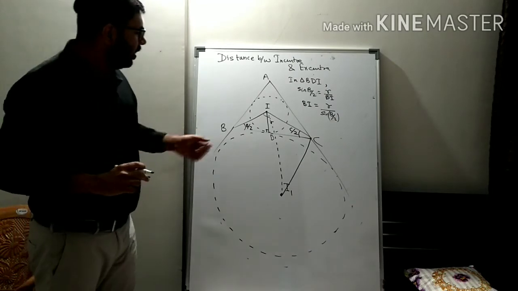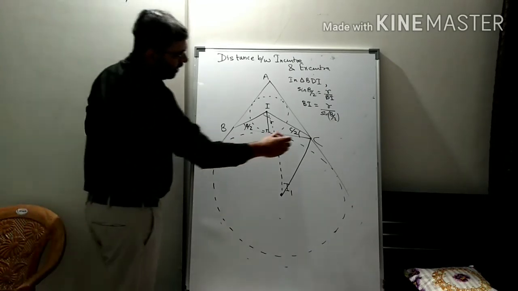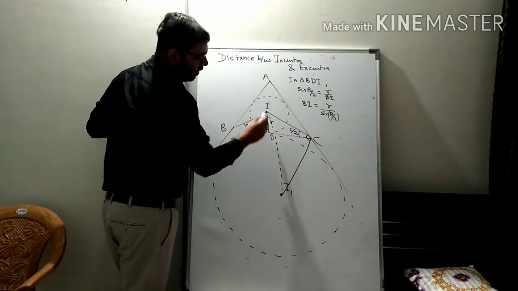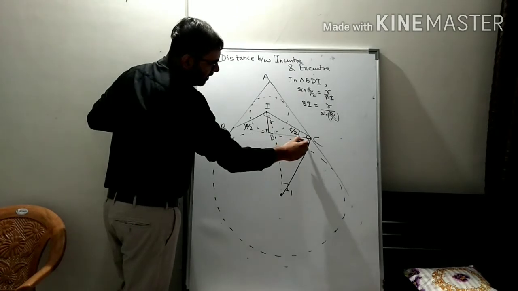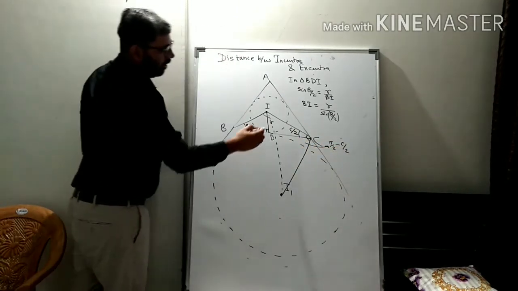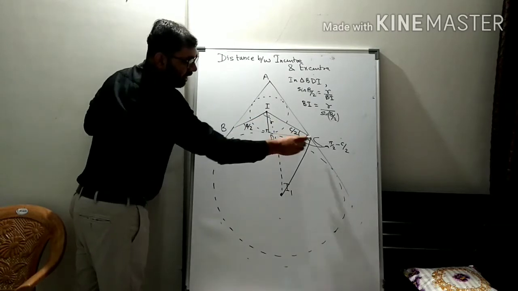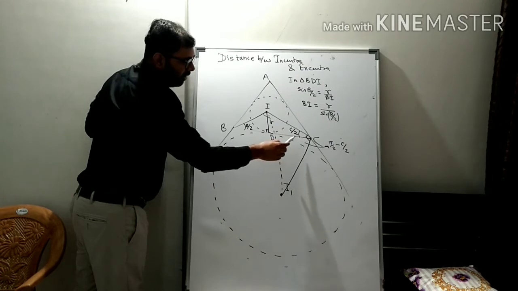And this complete angle is 90 degrees, therefore this angle will become pi by 2 minus C by 2.